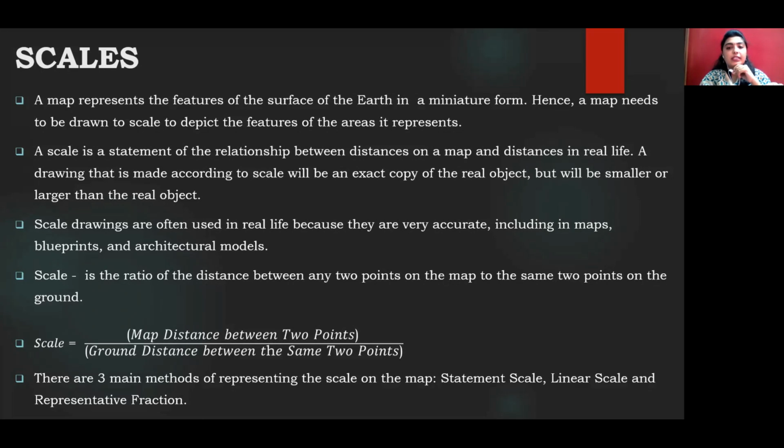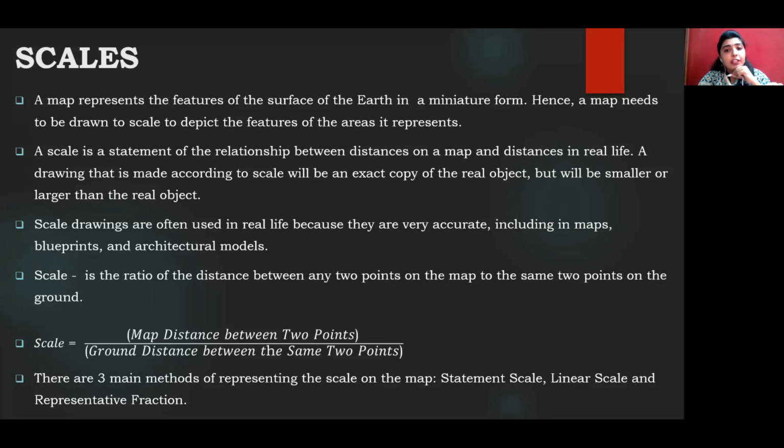Now we all know that the 3D Earth surface is being converted to a 2D surface, and you have to represent that huge area in a small A4 size, or say A3 size paper, whatever it is. So when I'm representing the features, somewhere or the other, I am supposed to draw it to scale.